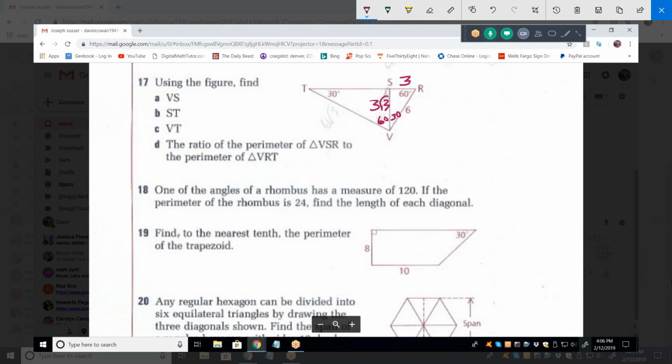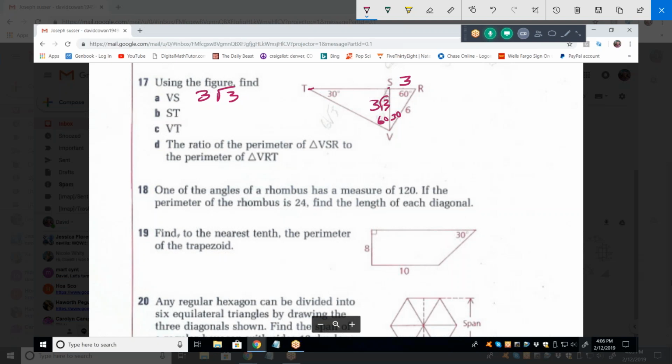And now, let's see, they want VS, which we've just given them, 3 square root of 3. And they want ST, this dimension right there.